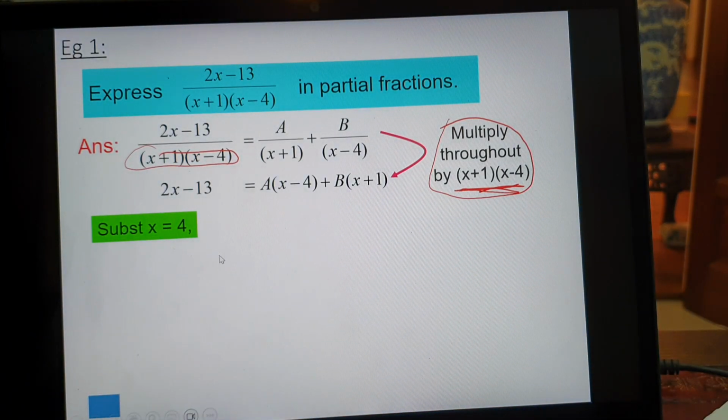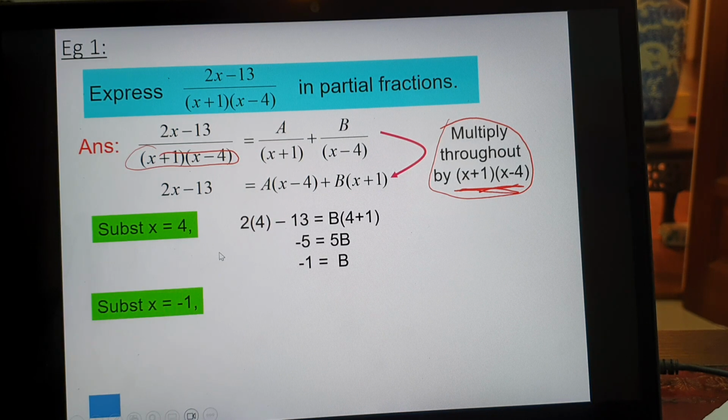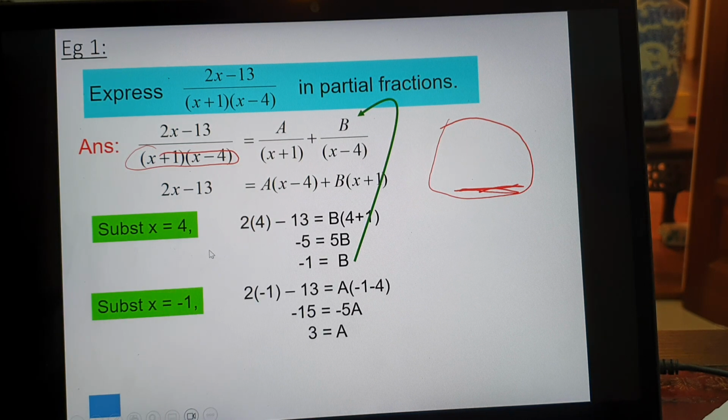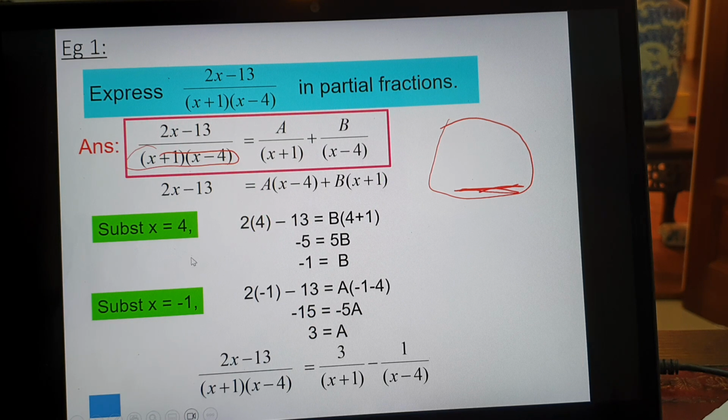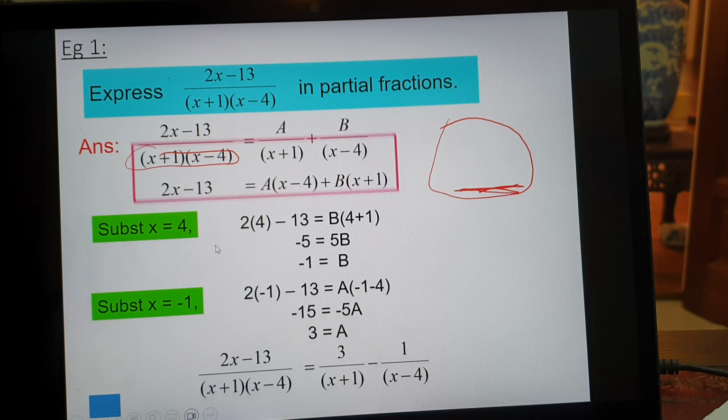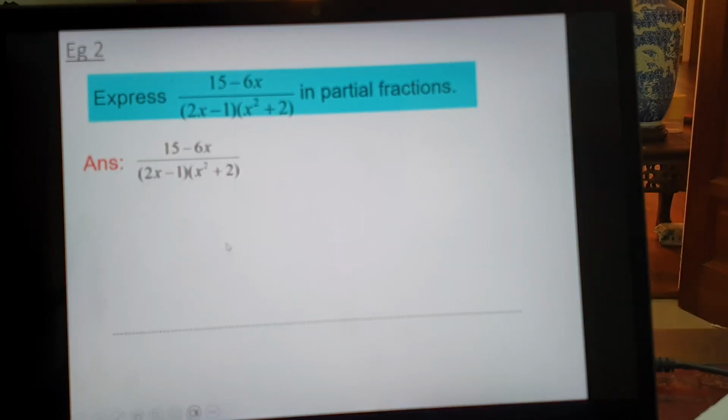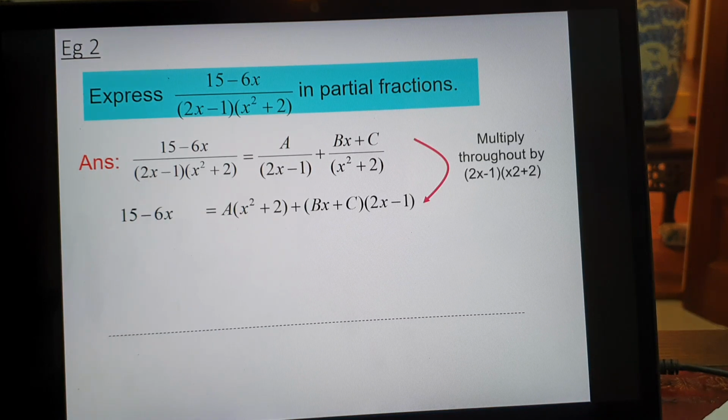Because when we set certain questions and you think that way, then you will have problems. Okay, so this is what we have. That's the final answer. You can go and try. Same here. You can go and try.